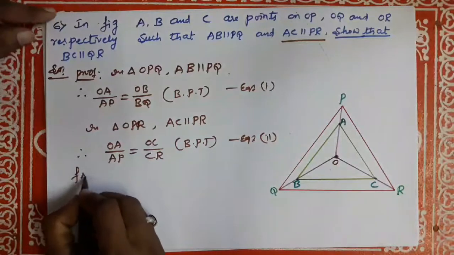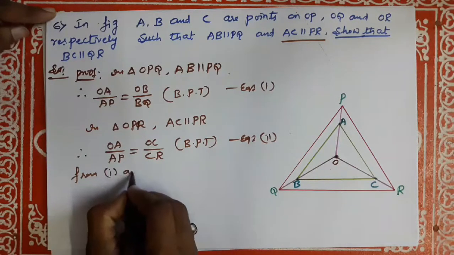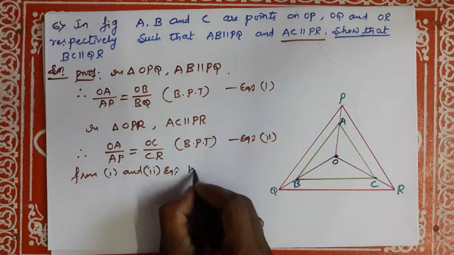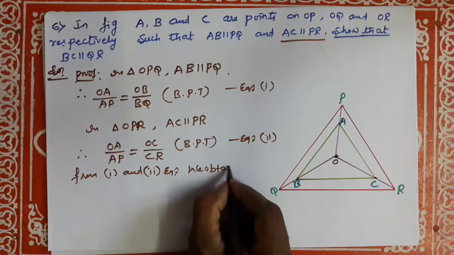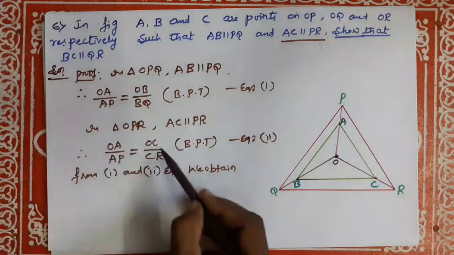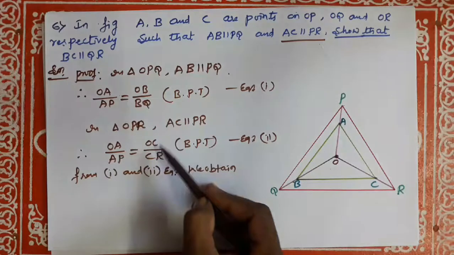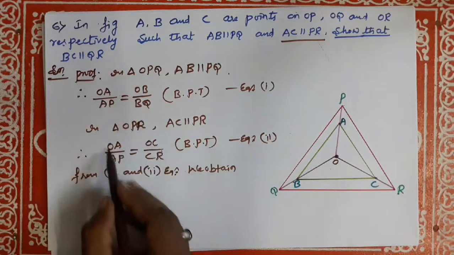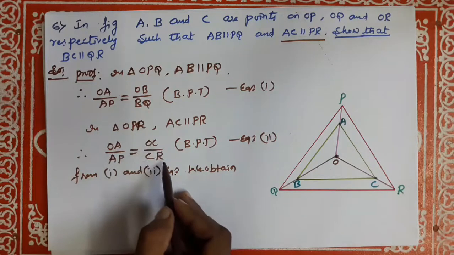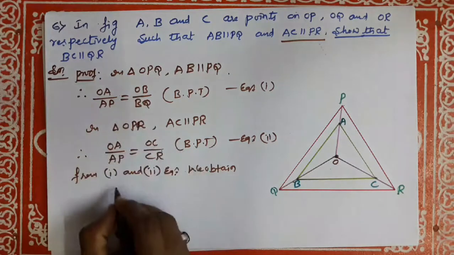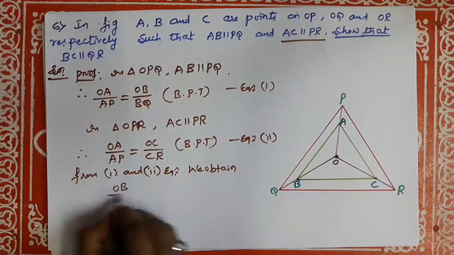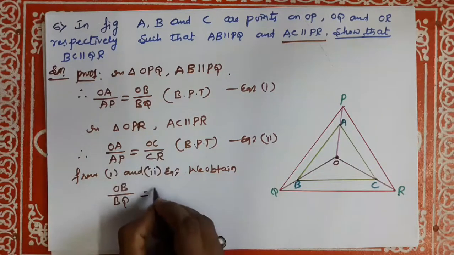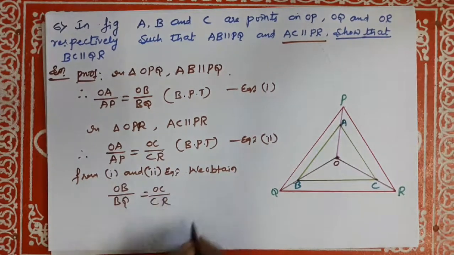From equations 1 and 2, we obtain that corresponding ratios are equal to each other. OA by AP is equal to OB by BQ. OA by AP is equal to OC by CR. So OB by BQ is equal to OC by CR.